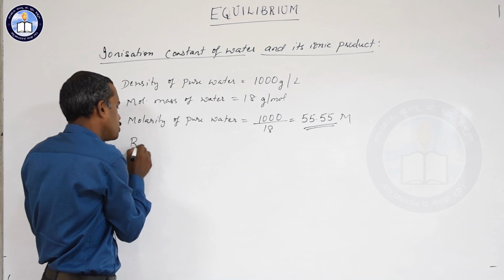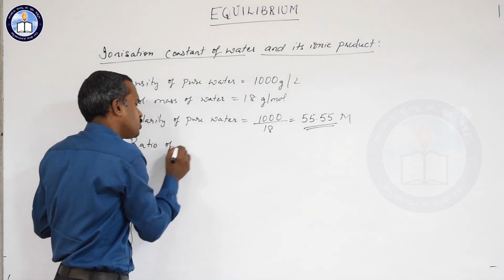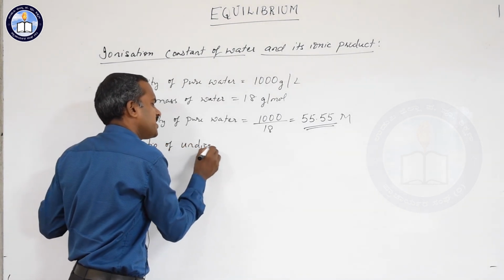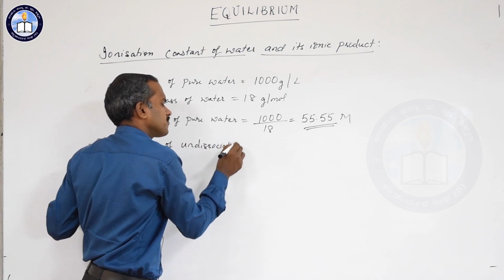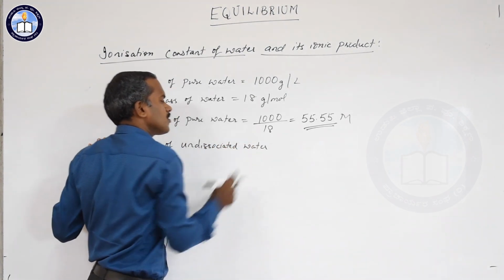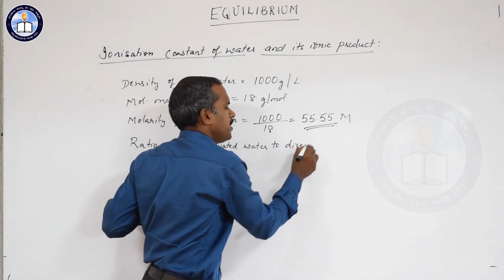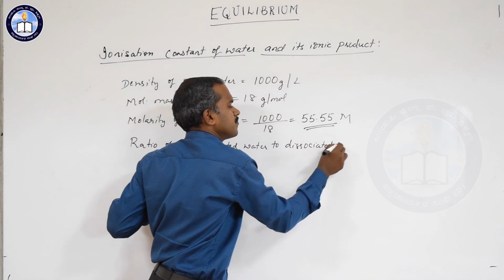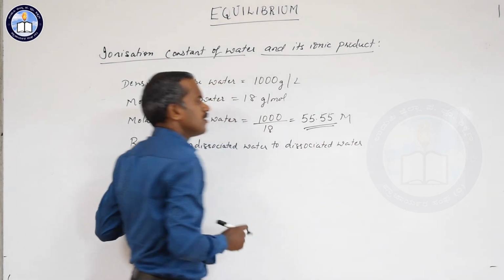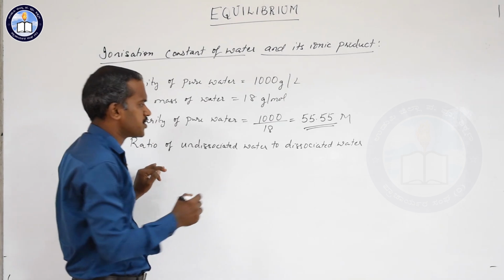So the ratio of undissociated water to dissociated water, we already understood from the dissociation or ionization constant.